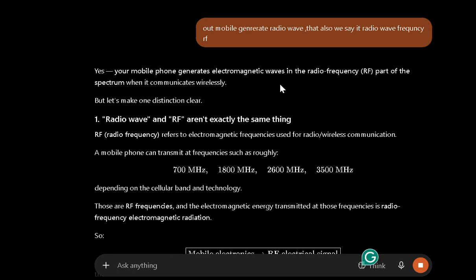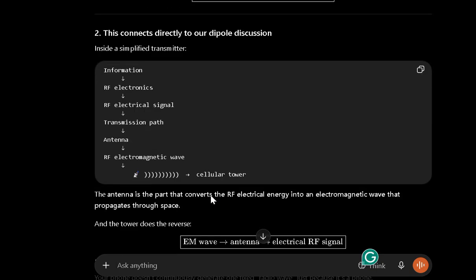Yes, your mobile phone generates electromagnetic waves. RF, radio frequency, refers to the electromagnetic waves used for radio or wireless communication.